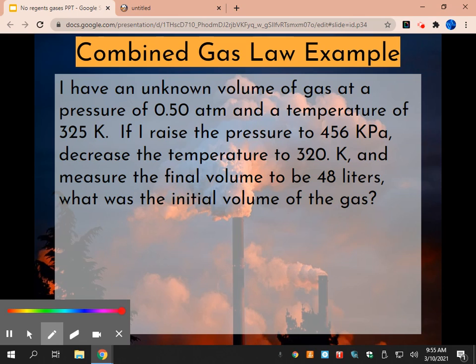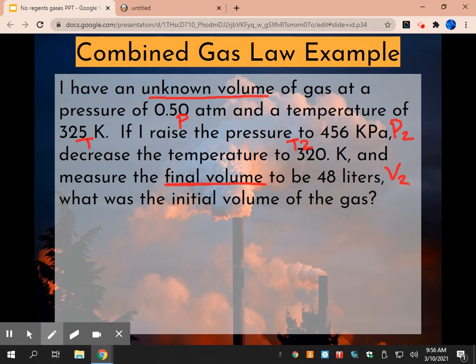So here I have an unknown volume of my gas, so I'm looking for a V. The pressure is 0.5. The temperature is 325 Kelvin. If I raise the pressure to 456 kPa, so this is the pressure, but it's also our second pressure, and I decrease the temperature to 320 Kelvin, well, that's the temperature, but it's also our second temperature. And the final volume, so this is going to be our V2. What was the initial volume? So our V1 here is our question mark.